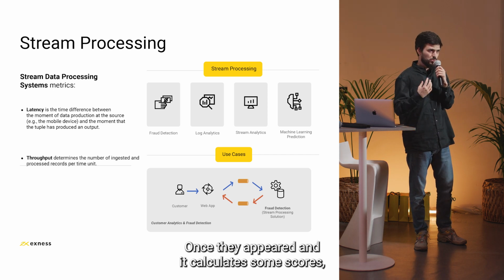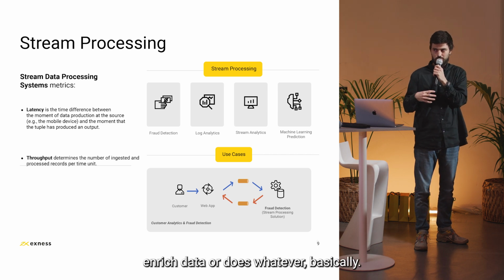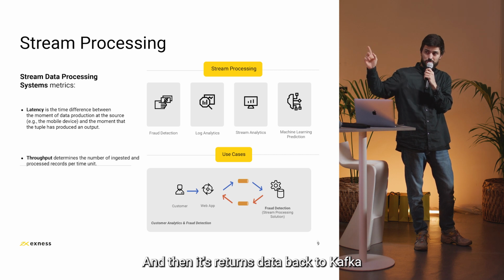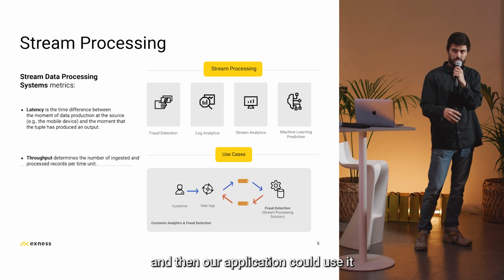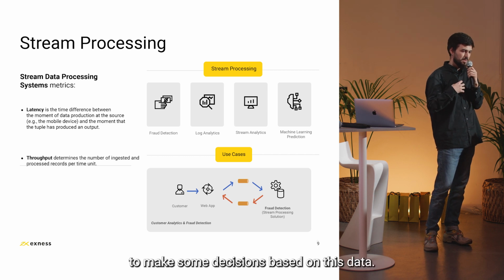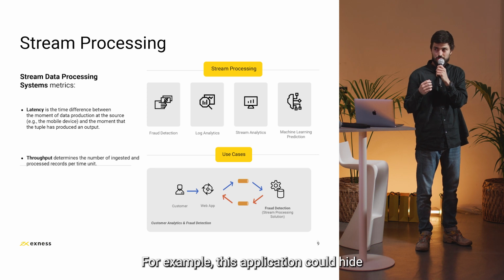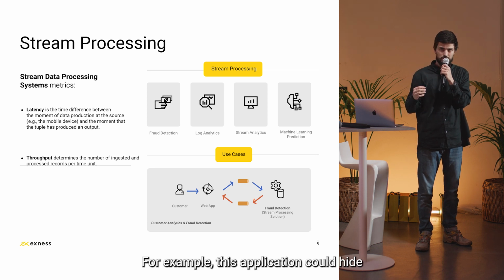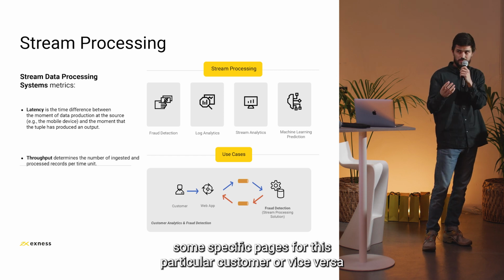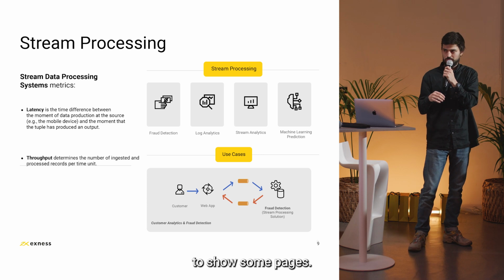It calculates some scores, makes some predictions, enriches data, or does whatever, basically. Then it returns data back to Kafka, and our web application can use it to make some decisions based on this data. For example, this web application could hide some specific pages for this particular customer, or vice versa, show some pages.